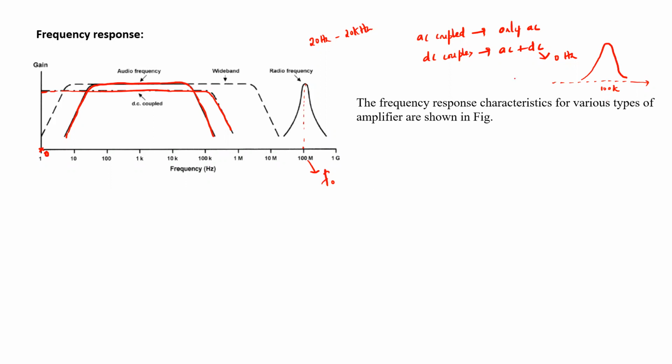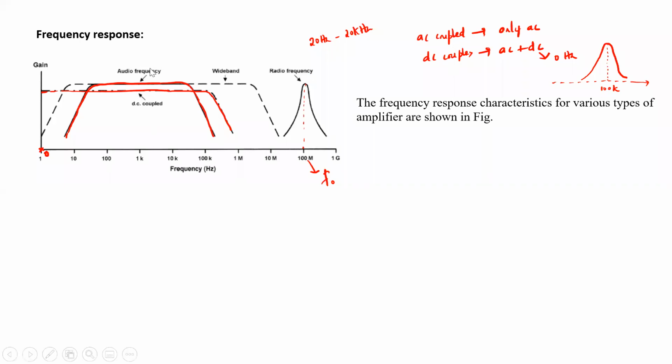Understand? So it is amplifying one component which is existing at 100 kilohertz, whereas here it is amplifying one frequency component which is existing at 100 megahertz. So that is what a radio frequency amplifier can do. Most of the time, radio frequency amplifiers are frequency selective amplifiers.